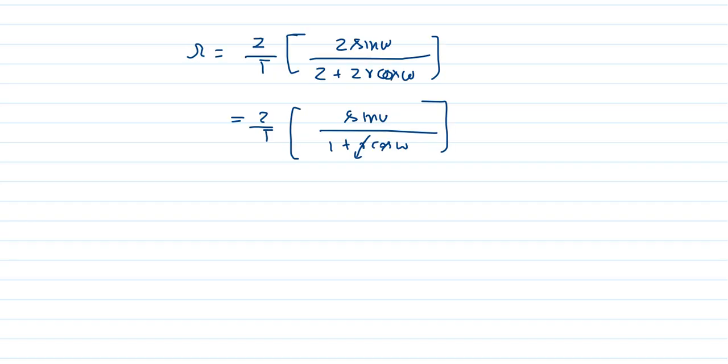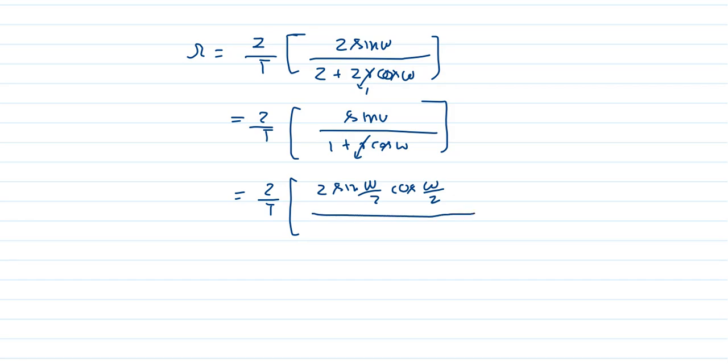Sorry, r is 1 already, I have accidentally put it here. Now r is 1. Now 2 by T. How can I write this sine omega? We can write it as 2 sine omega by 2 cos omega by 2. Similarly, 1 plus cos theta can be written as 2 cos square theta by 2, so 2 cos square omega by 2.